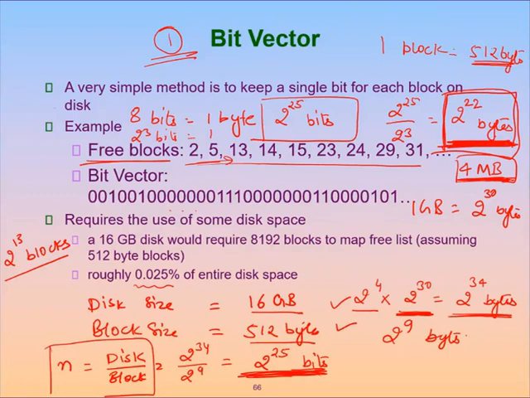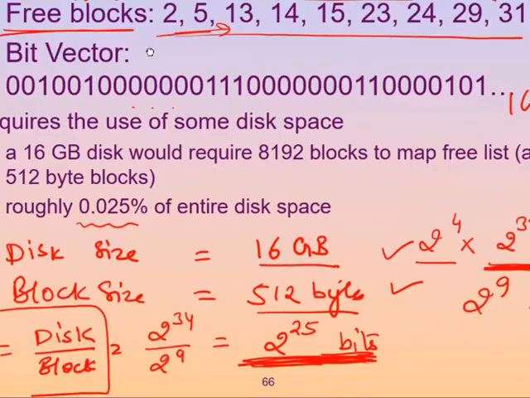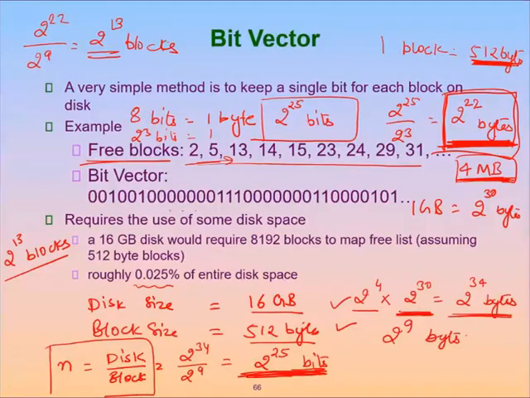Since the bit vector size is 2 to the power 22 bytes, and one block can store 512 bytes, which is 2 to the power 9, 2 to the power 22 divided by 2 to the power 9 gives 2 to the power 13 blocks needed to store the bit vector.